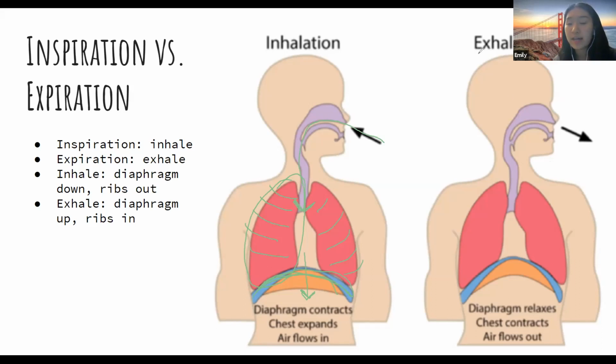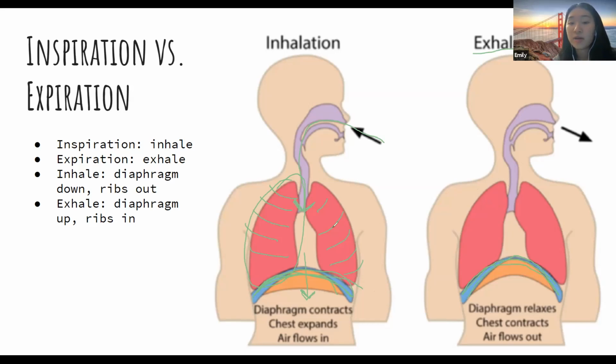So breathing out, exhalation, or expiration. What happens here is essentially all of the muscles that we just mentioned that contract are now going to relax. So the diaphragm, this big flat sheet of muscle right below your lungs, is going to relax. It's going to assume its normal shape. It's going to press upwards and decrease the space the lungs have.